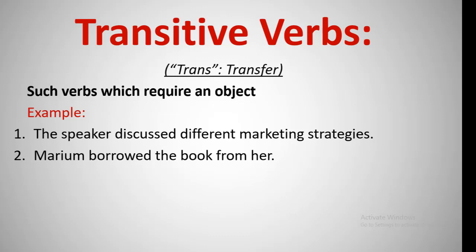So this sentence as well requires an object to give the complete meaning. So we can infer that such verbs, which require an object to transfer their action from themselves to the other thing, to the object, are called transitive verbs.